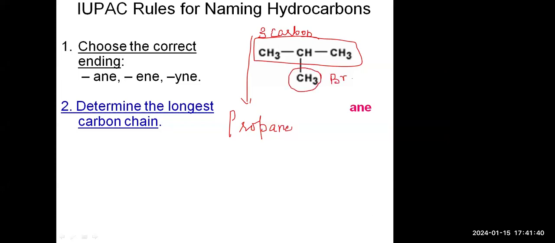The branch has 1 carbon into it, and the name of 1 carbon is meth. Because it is a branch, we call it methyl. So it is methyl propane. And this methyl is located on the second carbon, C1, 2, and 3. So we call it 2-methyl propane.